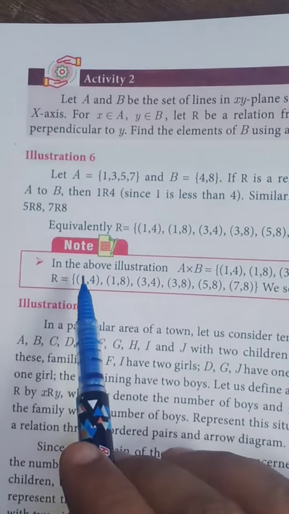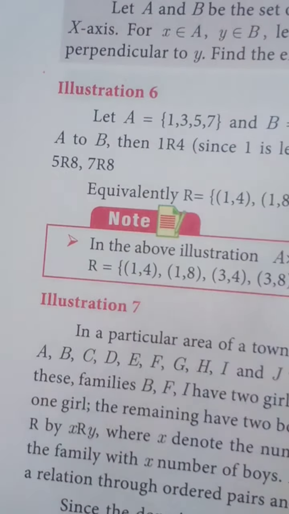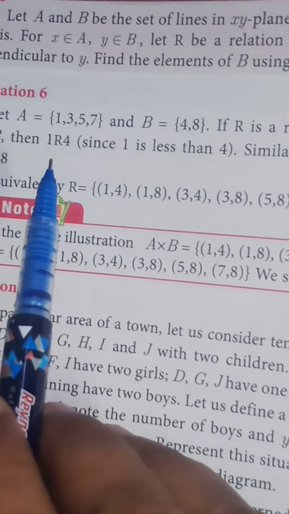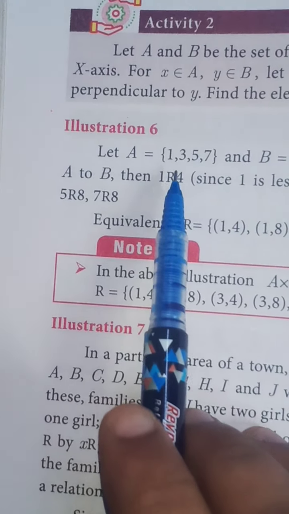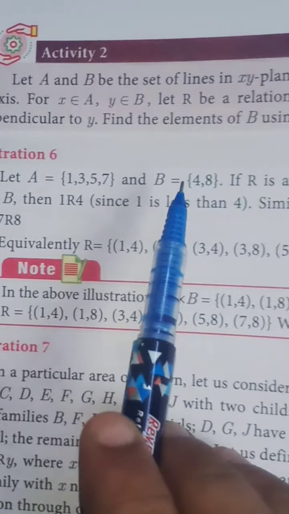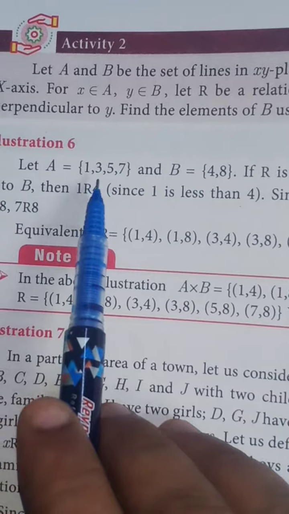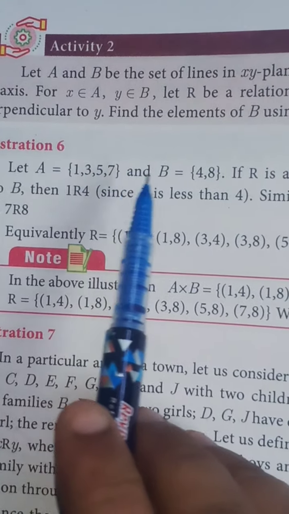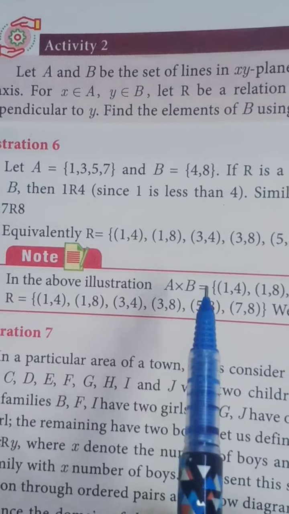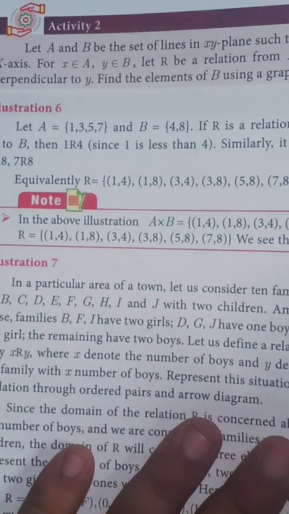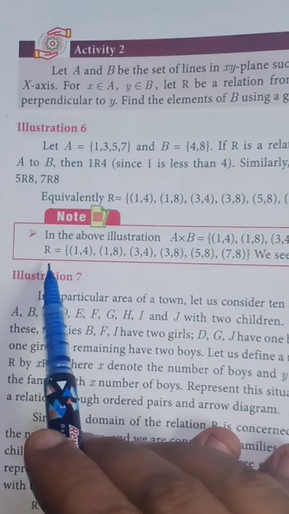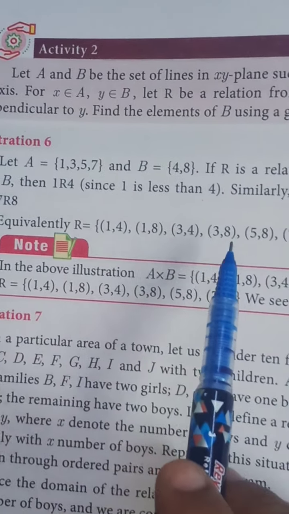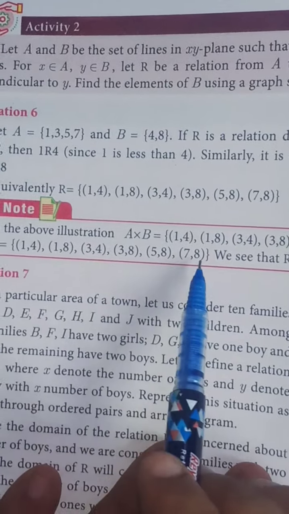Listen carefully. In the above example illustration, A cross B, you know how to write A cross B? Already have learnt in the previous exercise. (1, 4), (1, 8), (3, 4), (3, 8), (5, 4), (5, 8), (7, 4) and (7, 8). Here you are given A cross B. But we have R. Look at that R. We have (1, 4), (1, 8), (3, 4), (3, 8), (5, 8) and (7, 8).